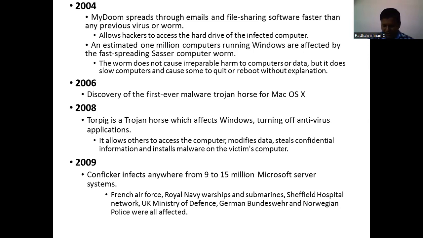So these are some examples of viruses, and different viruses in different phases we have already discussed; types of viruses will also be discussed. What is meant by a worm virus?